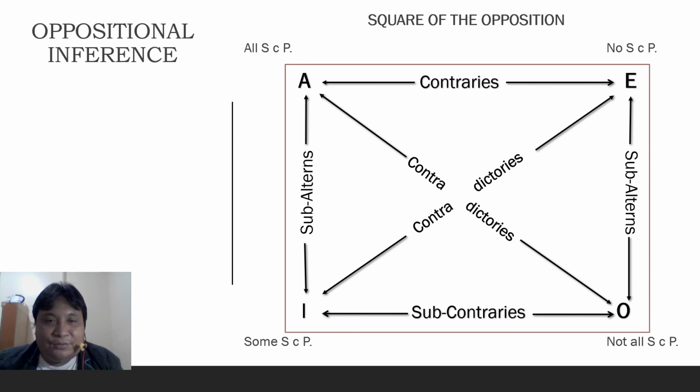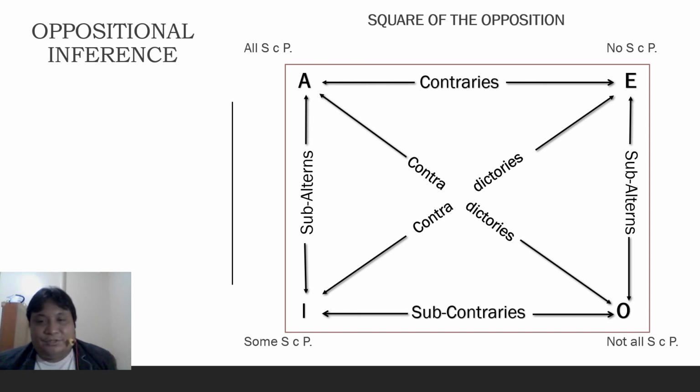On the left corner, these are all affirmative propositions, but on the right corner, these are all negative propositions. So E and O, or O and E, are subalterns.